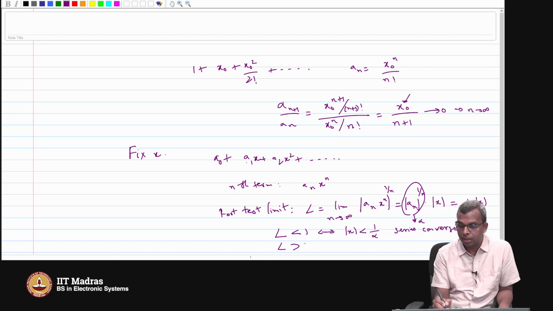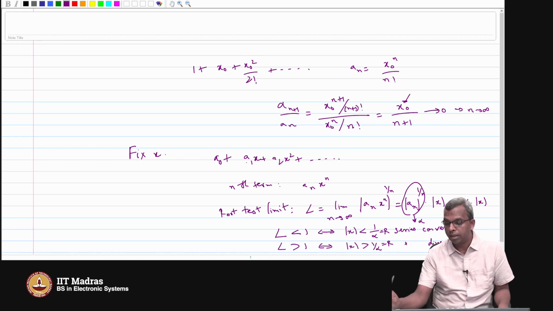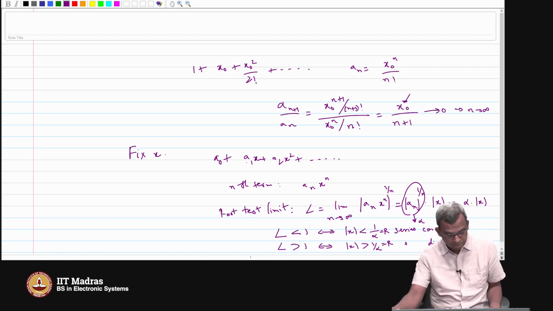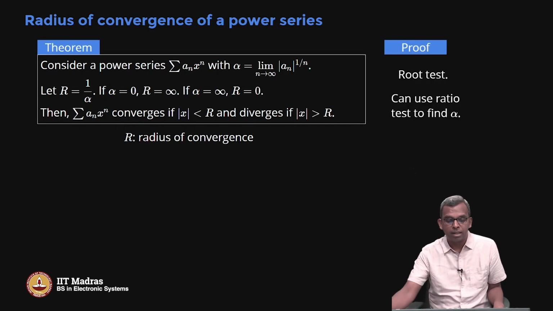And if L is greater than 1, by the root test, which is mod x greater than 1 by alpha, and this is defined as R, the series diverges. If it's equal to 1, of course, that's inconclusive, but usually it will diverge at that point also. So this is a very simple proof of this fact, and radius of convergence is firmly established.